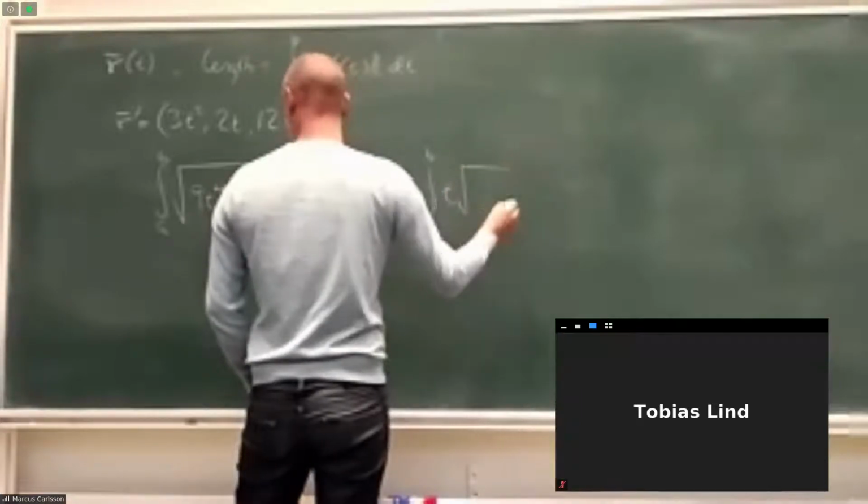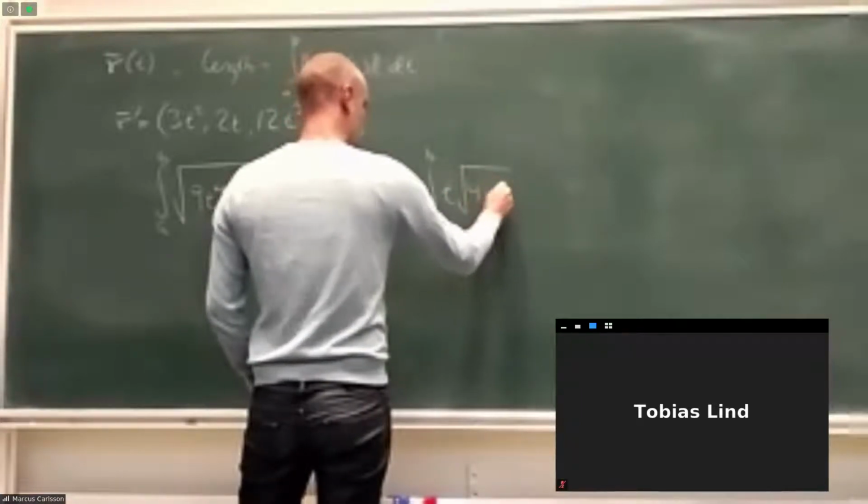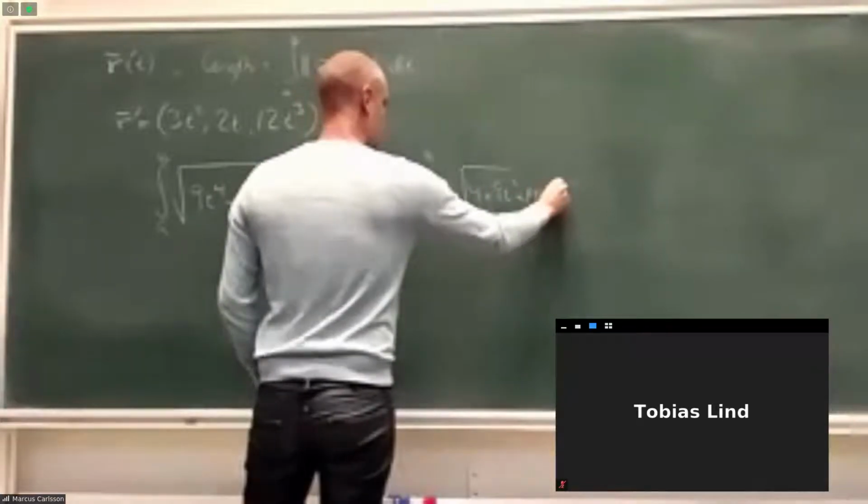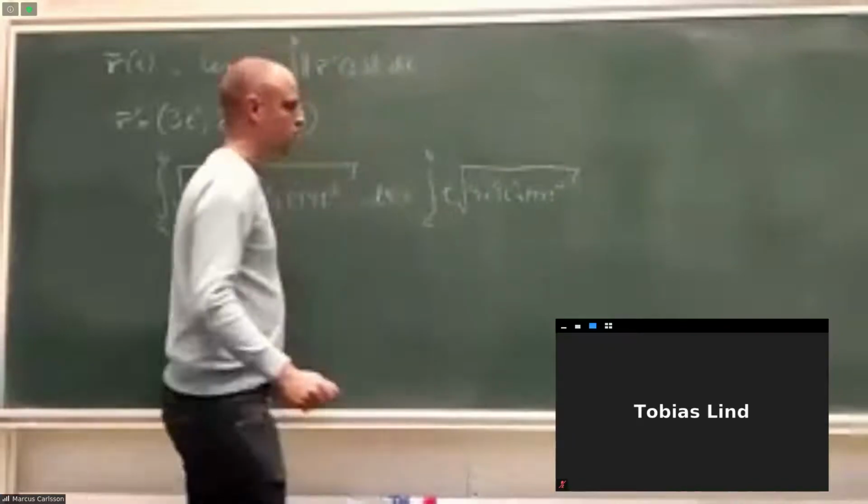That will give us a t, and then we have 4 plus 9t^2 plus 144t^4.